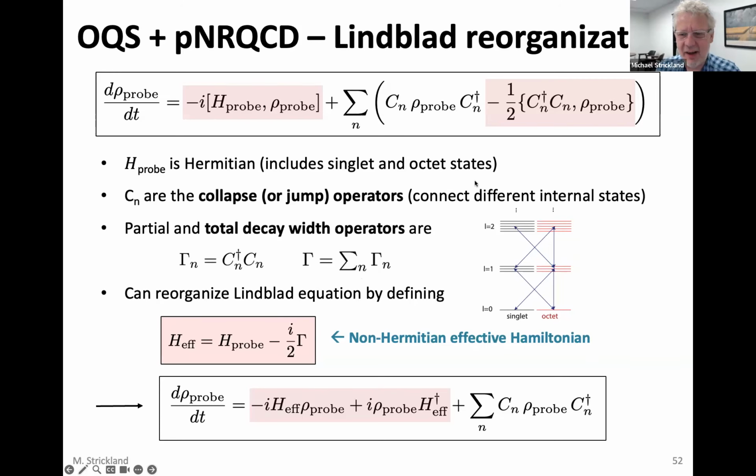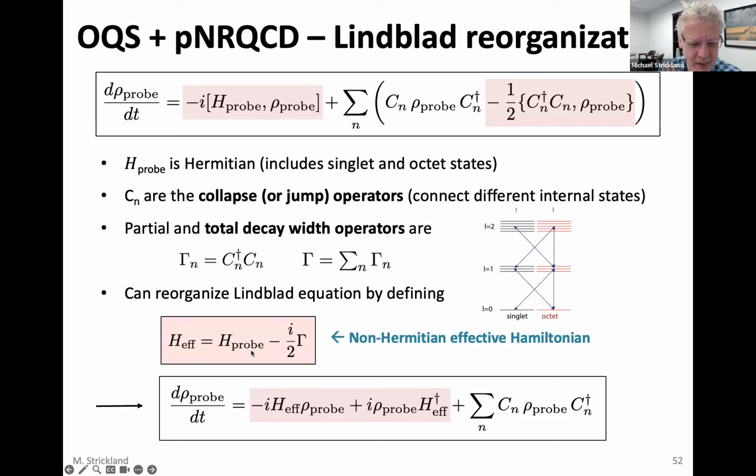So that's what this sum is. And if I stare at this term, that's exactly what I have. I have a sum over all possible transitions times the partial width, and then there's a funny factor of half here. But because of that, I can just reorganize this Lindblad equation at the top slide into the following form, where I now have a non-Hermitian Hamiltonian evolution with the total width operator sitting here.